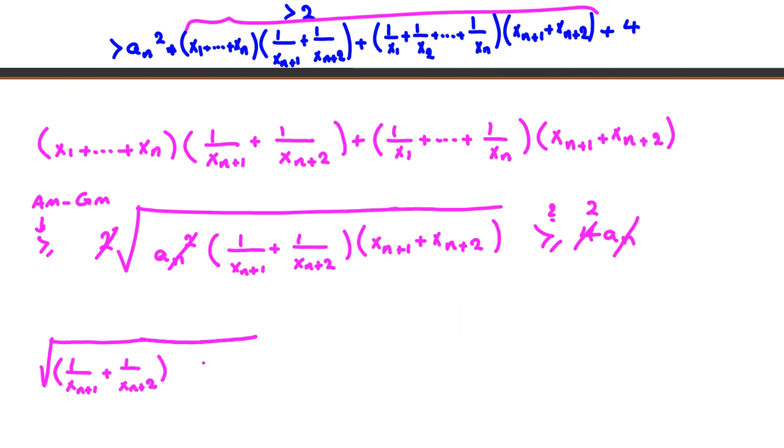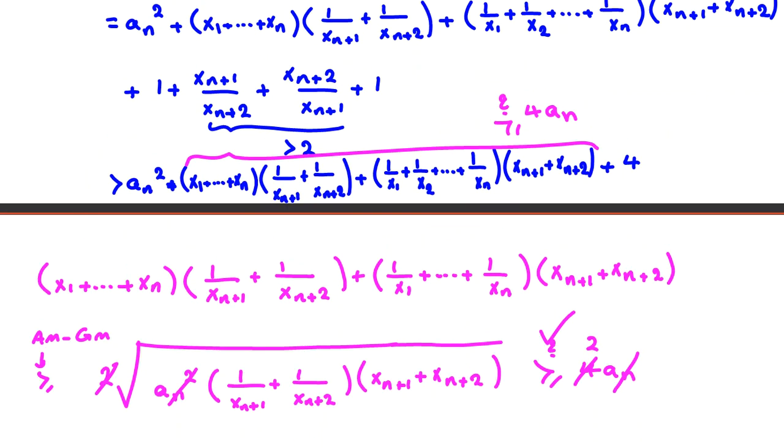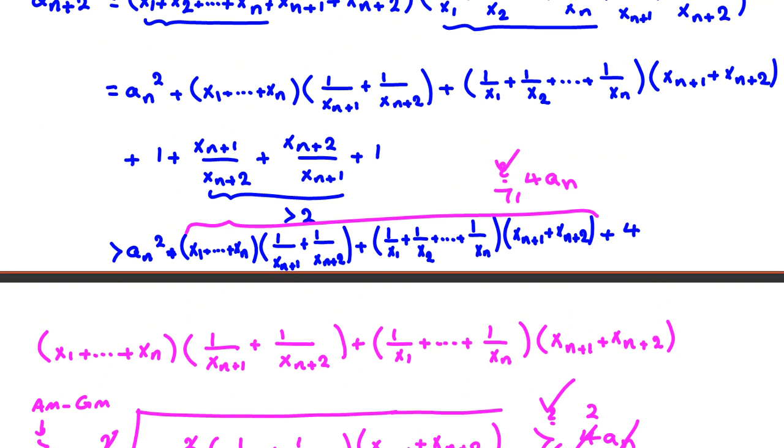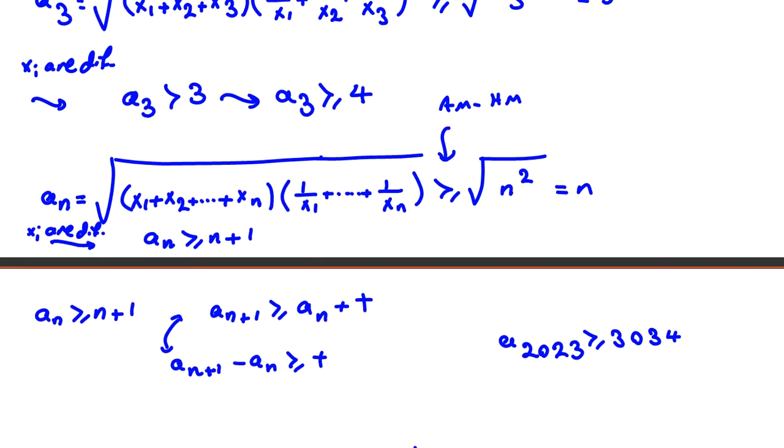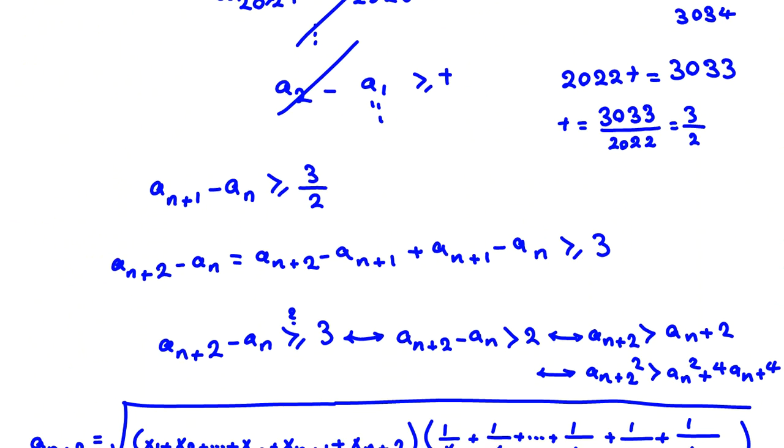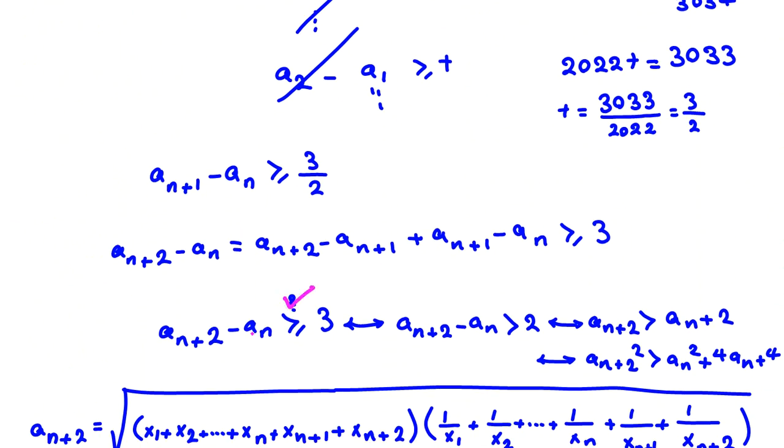Again, by AM-HM, as we said, or Cauchy-Schwarz, we can say it is strictly greater than the square root of 2 squared, which is 2. So we proved this. So this part has been proved. And which part we wanted to prove? This part. So there were question marks, all these things have been proved. So we proved this problem completely.